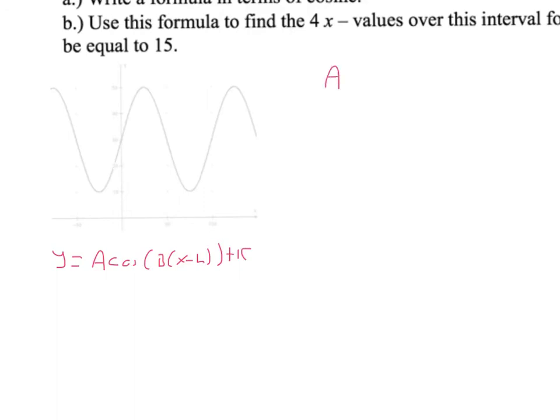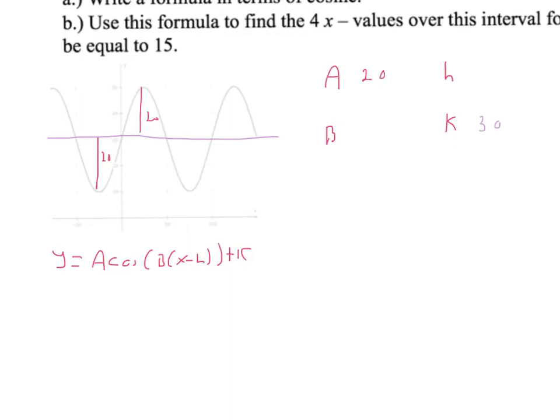If I make a list of this information, A, B, H, K, that midline, well, if we're oscillating between 10 and 50, that y value that's right in the middle is 30. Our amplitude is we go from the midline down 20 and from the midline up 20.